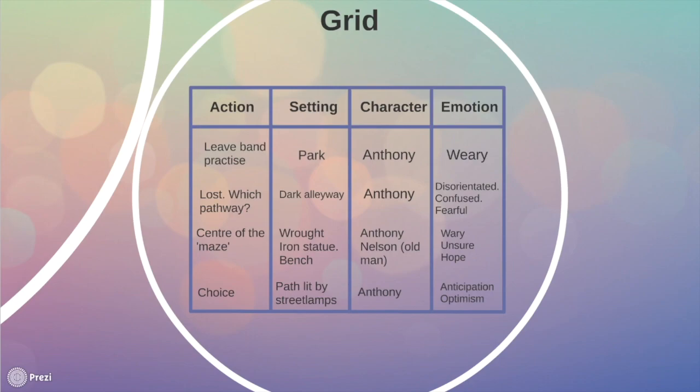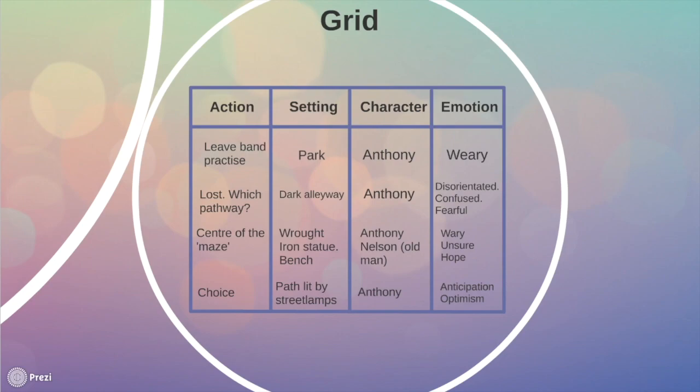You may like to do this. So you consider the action that's taking place, where it's taking place, the characters that are involved, and the emotions that they're feeling. So at each point in my story, it works down the grid. I've considered what action's taking place and where it is. At the beginning of my story, the action is my character, who is Anthony, leaving band practice and walking through the park, and he feels weary at this point.